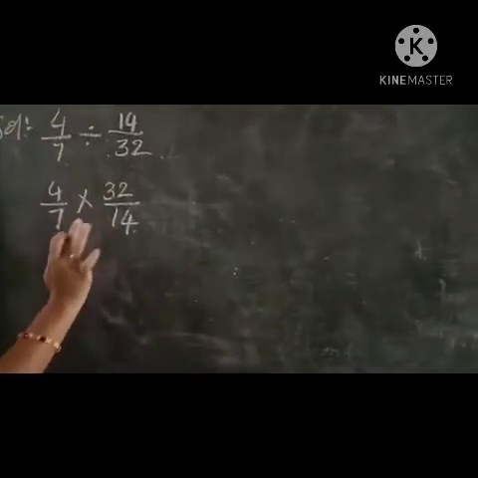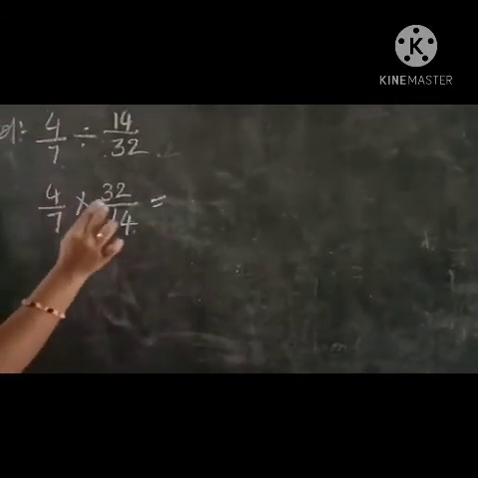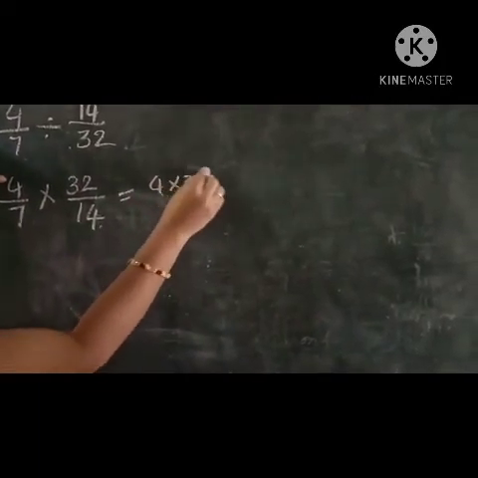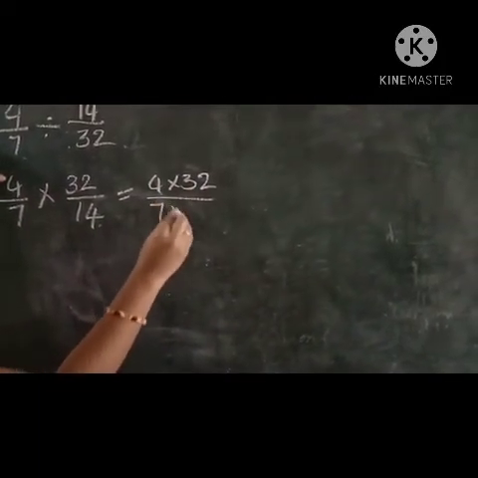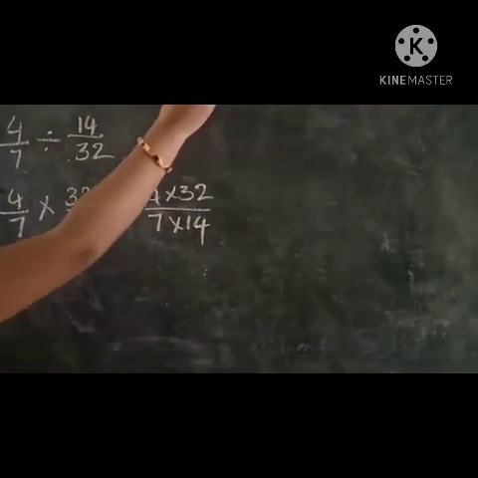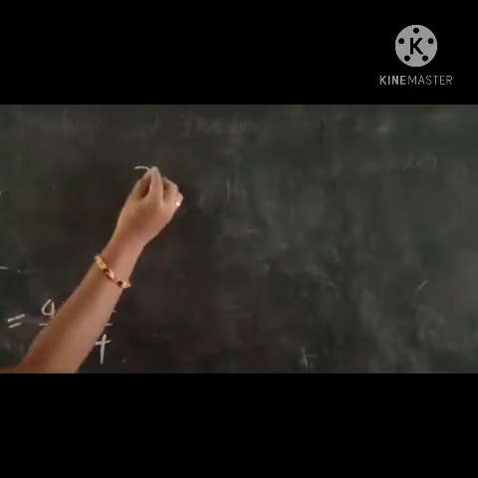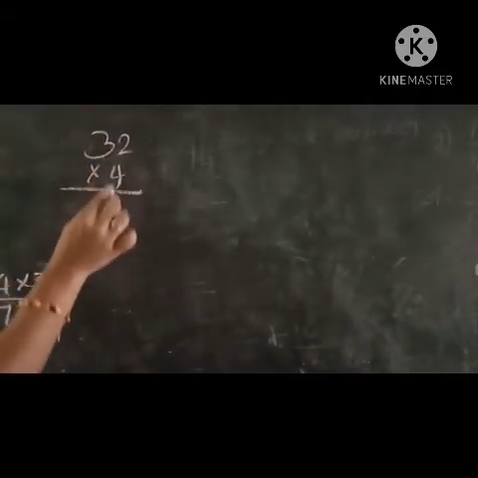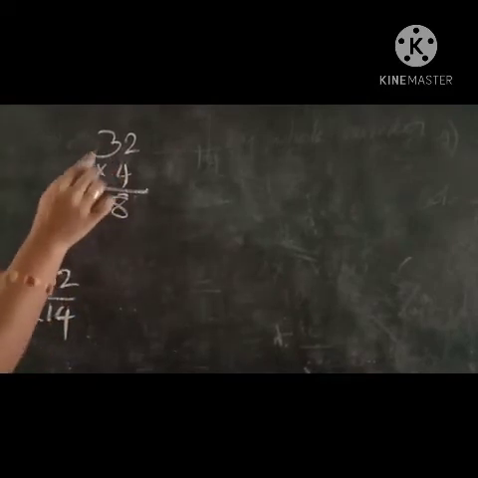So there is no cancellation. We have to just do the multiplication. 4 into 32 by 7 into 14. 4 into 32, do the multiplication here. 32 into 4: 4 2s are 8, 4 3s are 12.